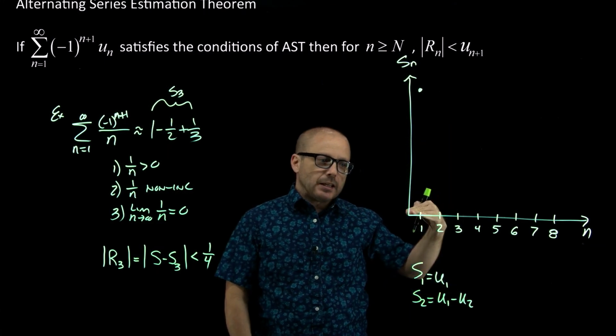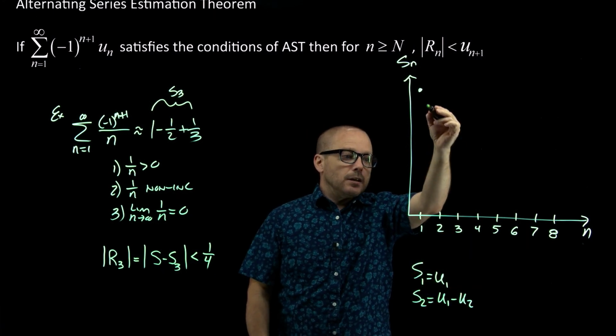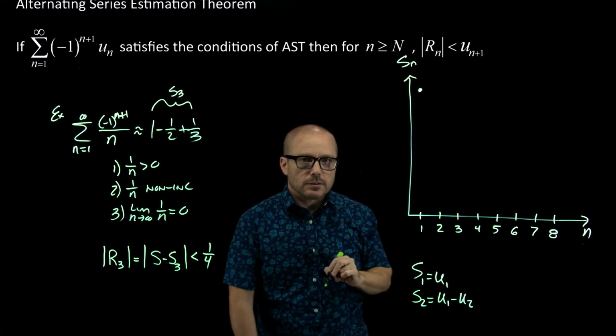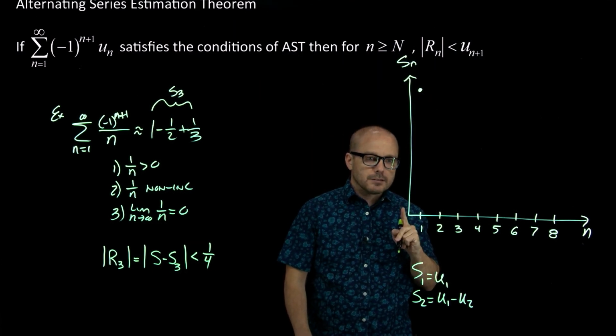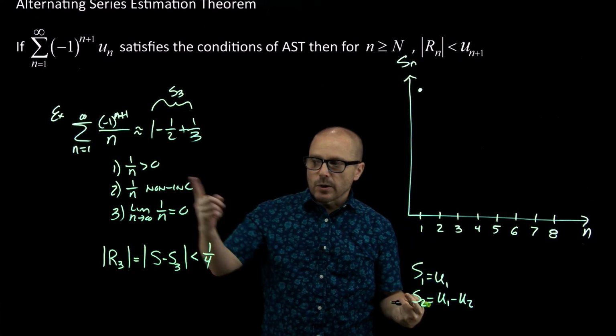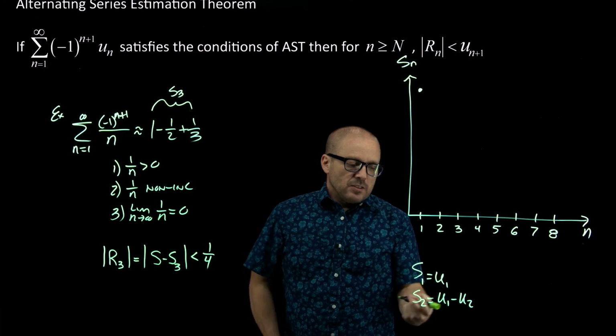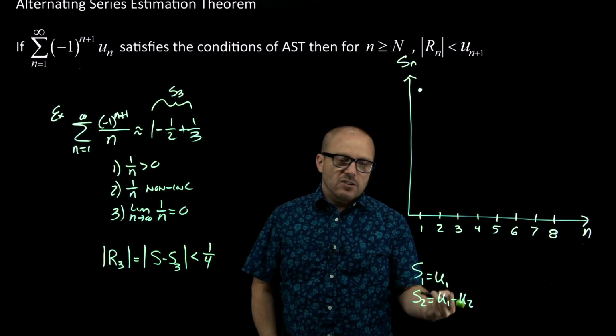I really am making it less. So the next partial sum has to be something smaller than the first partial sum. But these guys are also decreasing. Non-increasing, but just for the sake of the picture, let's say they are strictly decreasing.